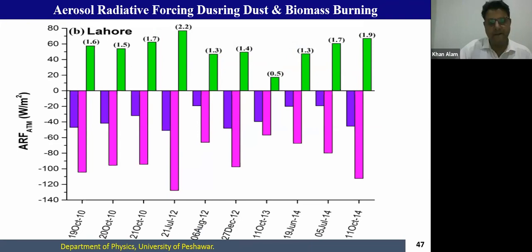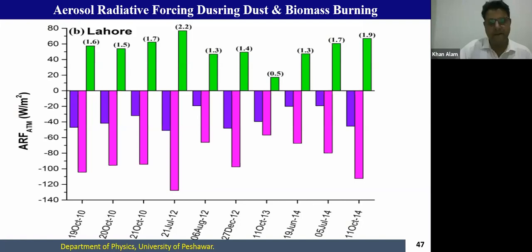So we see that at the top of the atmosphere and at the surface, we have a very strong negative forcing, particularly on 21st July 2012.